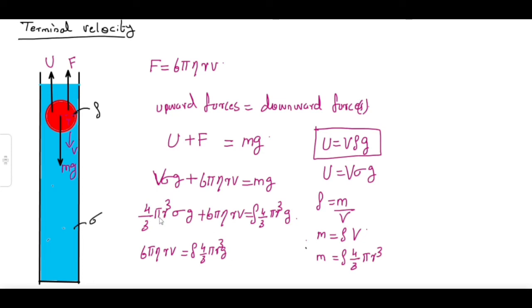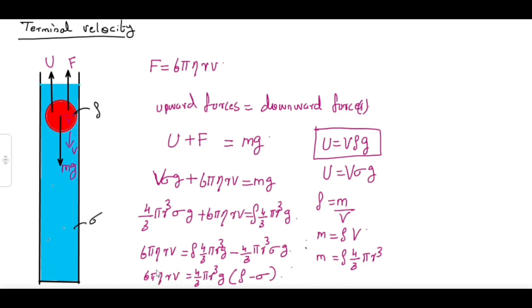Then take this part to the right side, so we write minus 4 by 3 pi R cube sigma into g. That means 6 pi eta Rv is equal to, taking everything common outside, 4 by 3 pi R cube g into rho minus sigma.